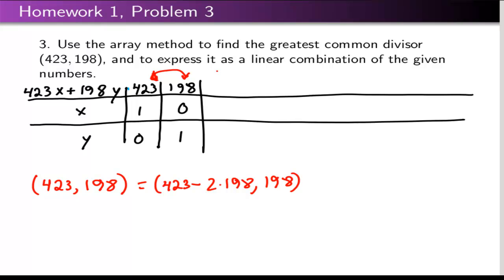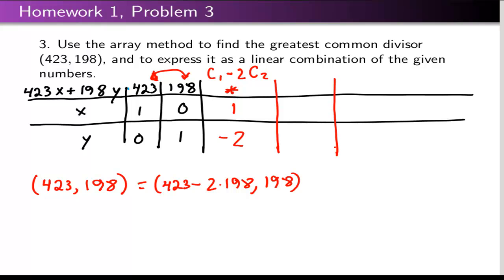And so up in the array, we'll take column 1 and subtract 2 times column 2 to produce whatever this is. So that'll be 423 minus 2 times 198, and you just calculate that. Then do the same thing in these entries. Column 1 minus 2 times column 2 would give you 1, and 0 minus 2 times 1 would give you negative 2. That would produce this number as a linear combination.